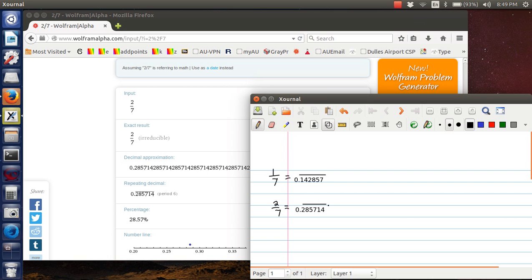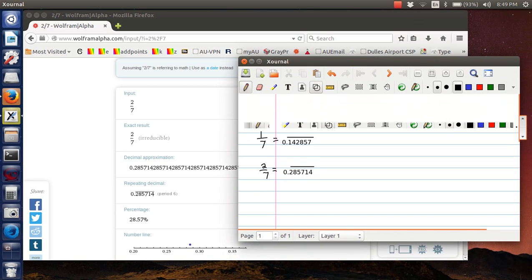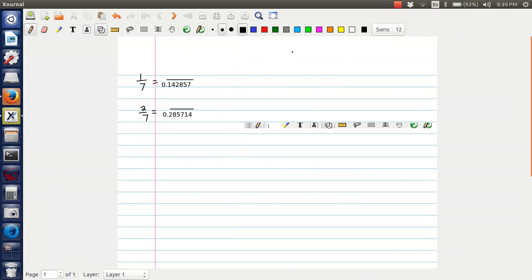And so then what we ended up finding out was that if we continue this logic, we had 3 over 7, 4 over 7, and I'm actually going to erase this for a second, point out some other things. 4 over 7, 5 over 7, and 6 over 7, right?